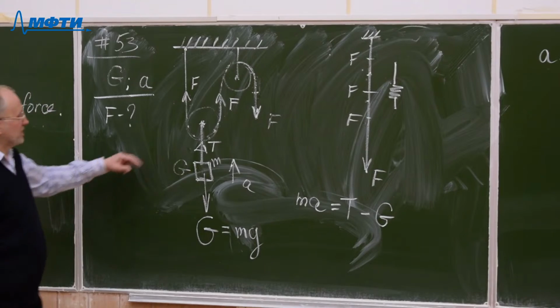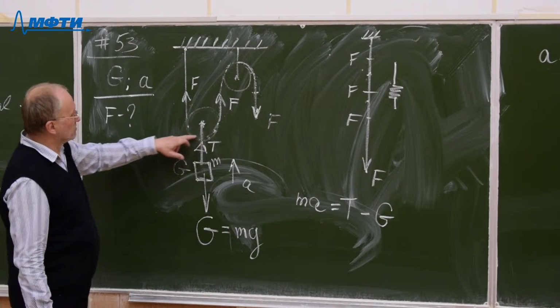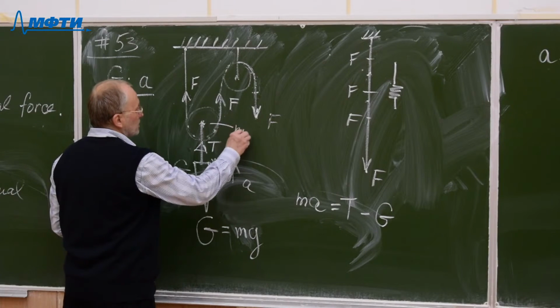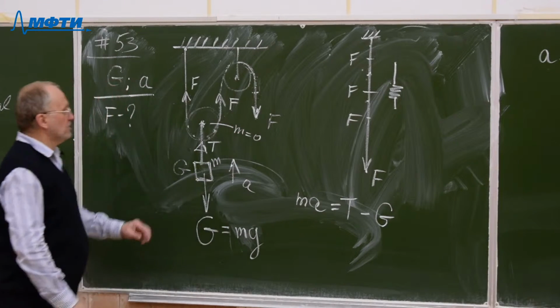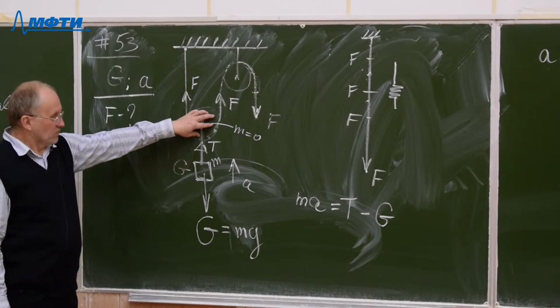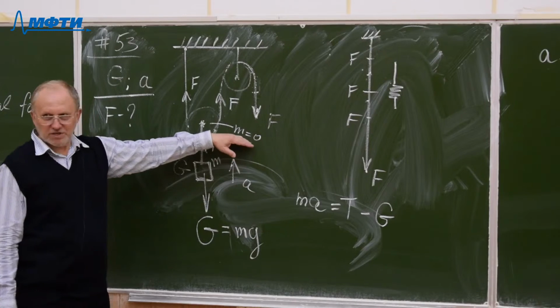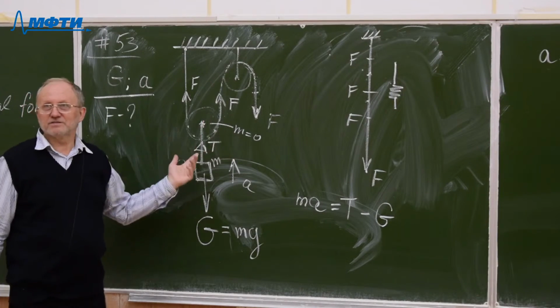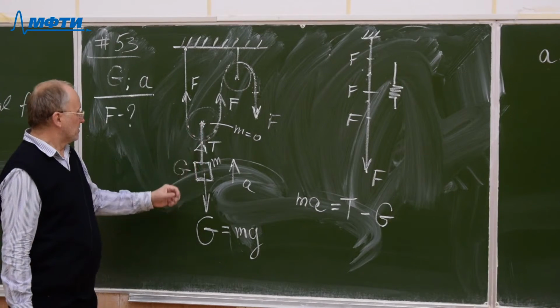So another thing we may consider is the motion of this pulley. Yes, it has zero mass. The mass of this pulley is zero. But anyway, even with zero mass, what is zero mass? I told you it's an approximation. Actually, there is some very small mass, but we neglect it.